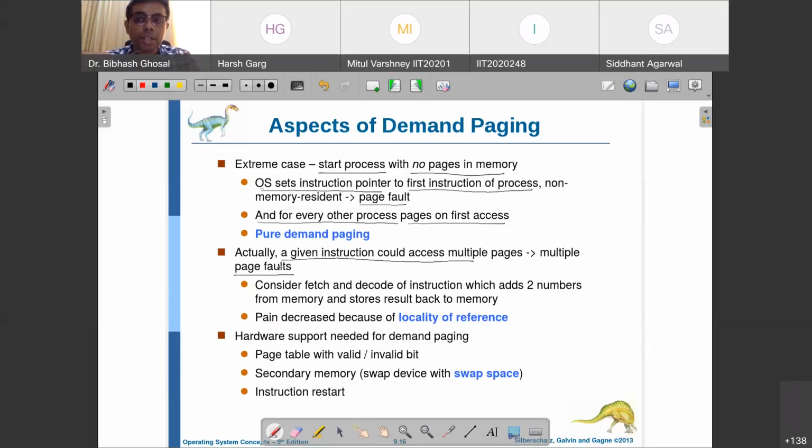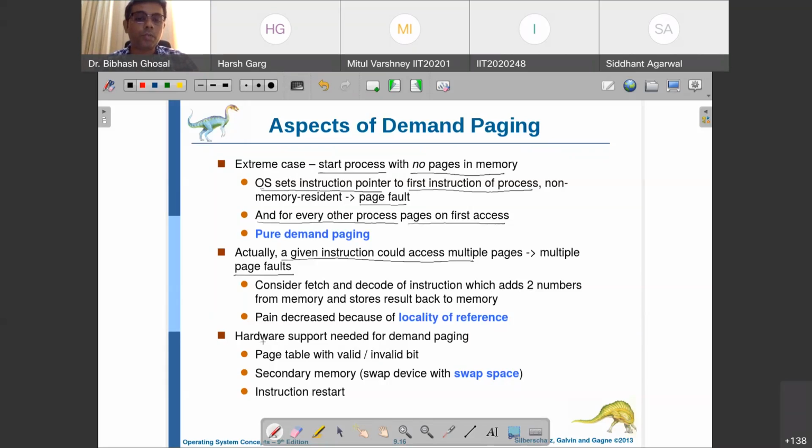To complete the instruction, it also requires page 3. It is also not there, bring page 3. In this way, one instruction can require multiple pages and you can have a series of page faults. Consider the fetch and decode of an instruction which adds 2 numbers from memory. Yes, because the 2 numbers can be on 2 different pages and both pages are not there. So you'll have a fault.